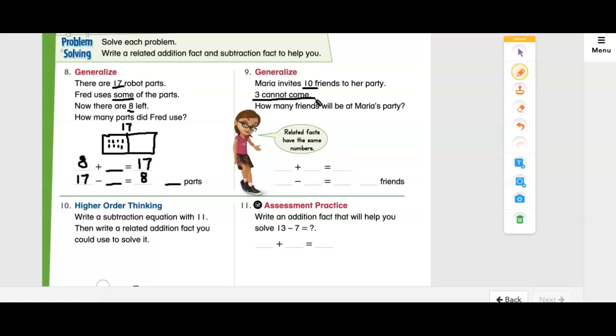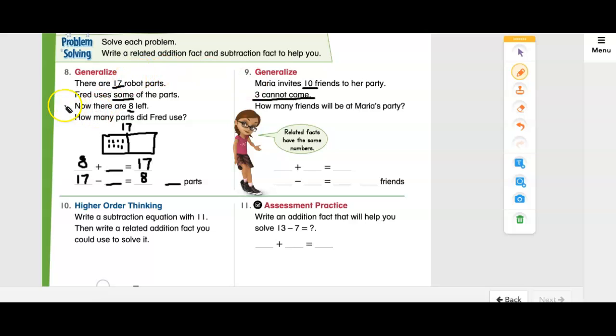So what is our whole? 10 or 3? And what is our part? 10 or 3?